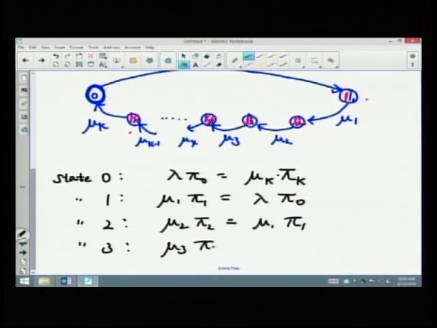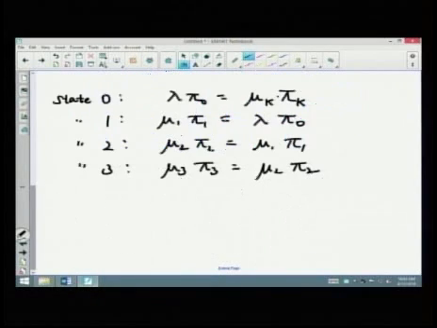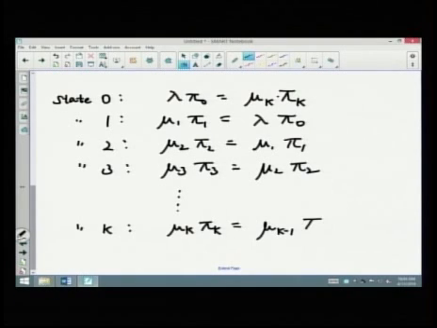Mu3 pi 3 equals mu2 pi 2. And so on. And then what about state number k? That's going to be mu k times pi k equals mu k minus 1 times pi k minus 1. Is that right?